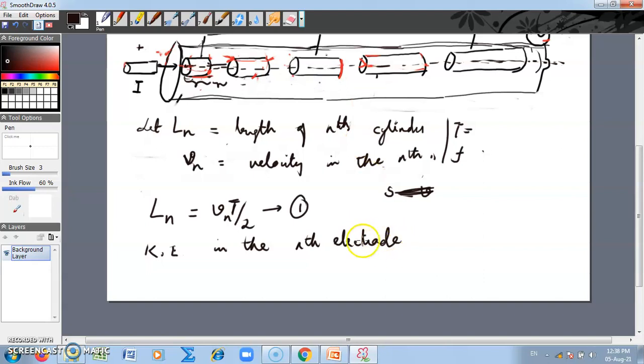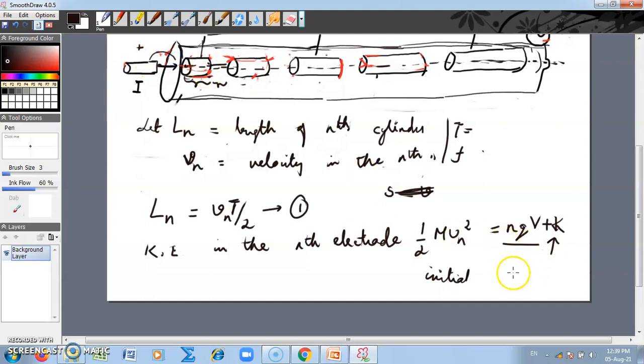They are the same because they are treated like electrodes. I can write that it is half m Vn square, and it is equal to nqV plus K. Now what is K here? K is the initial kinetic energy with which the particle had been projected from here to here.